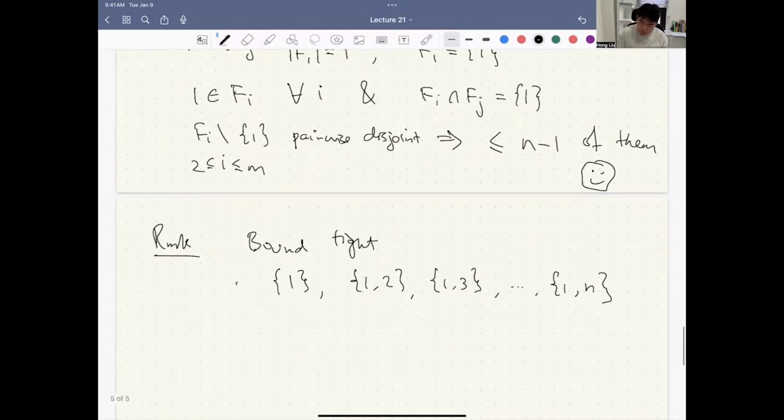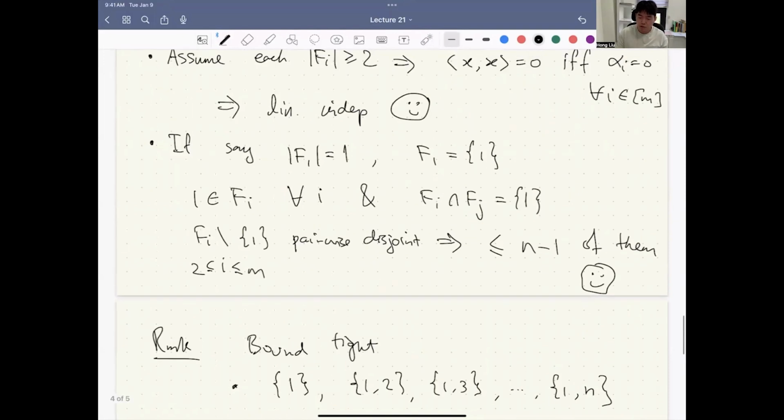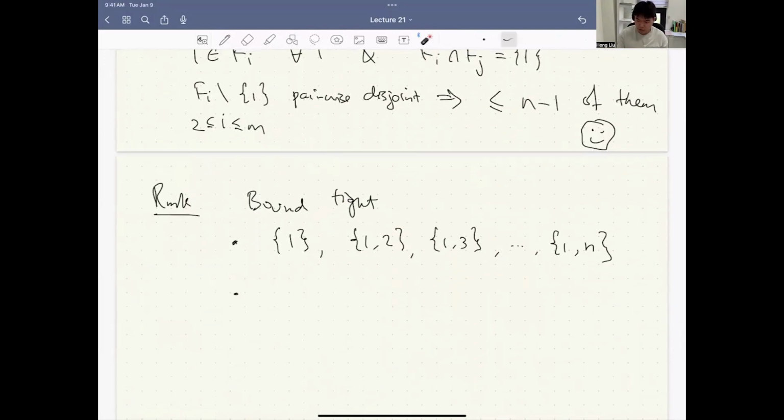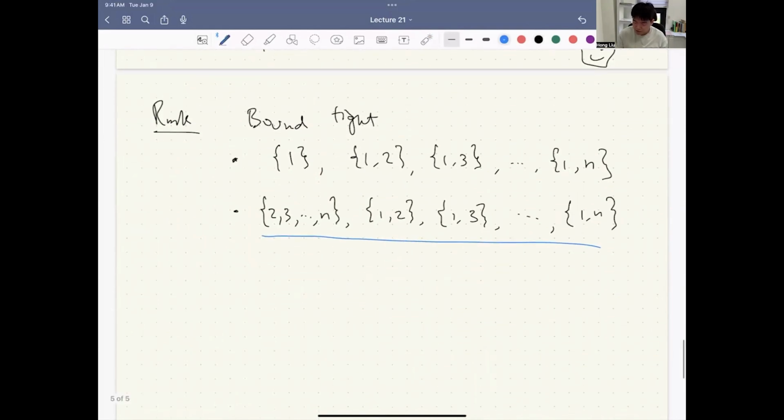There's another example corresponding to when each one is at least 2. You can simply replace the first one by {2, 3, ..., n}, and have {1, 2}, {1, 3}, and so on, the rest the same. If you think a little bit, this guy is kind of like this pencil thing, right?